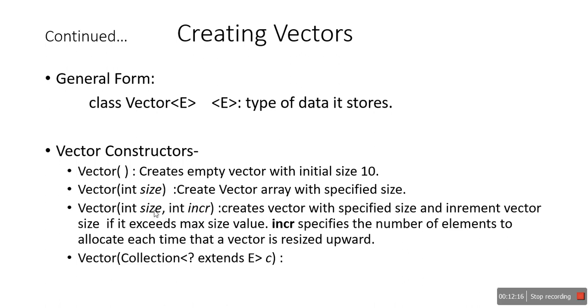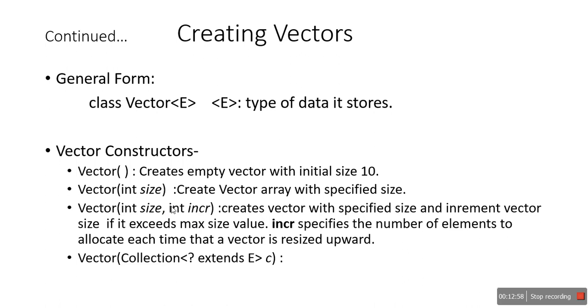For example, if you mention the size as 12 and the increment value as 2, and you have already stored 12 elements within the vector, and you go on storing 2 or 3 more elements, every time you insert an element beyond the maximum size, the size of the vector is incremented by 2.